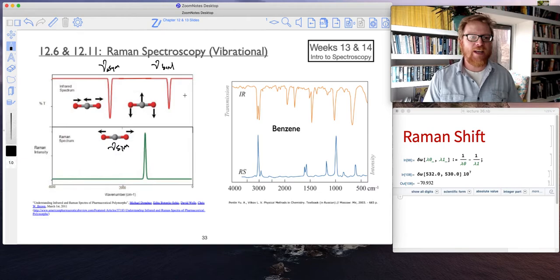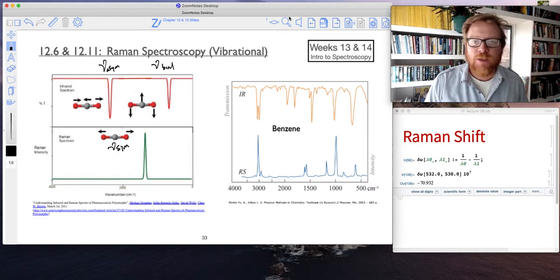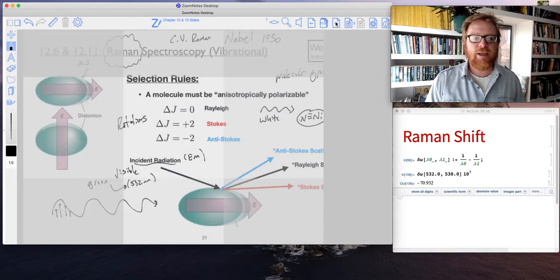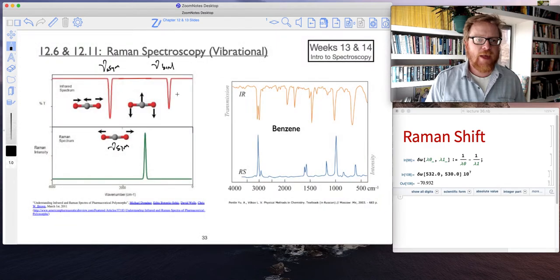And recall we said that, so let's back up here and let's put some labels on these. So the 667 and 2349, so that's 667, and this one's 2349.